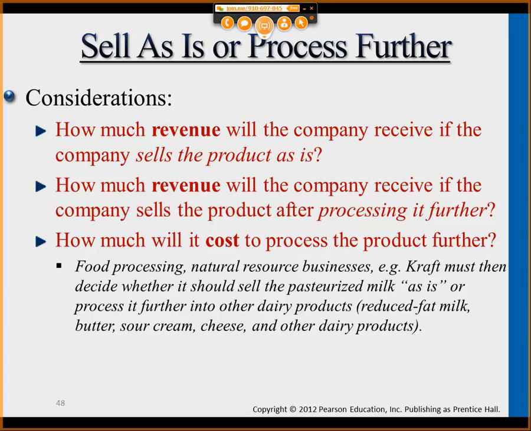How much revenue will the company receive if the company sells the product as is? And then what we're going to compare this to is the answer to the second question. How much revenue will the company receive if the company sells the product after processing it further?